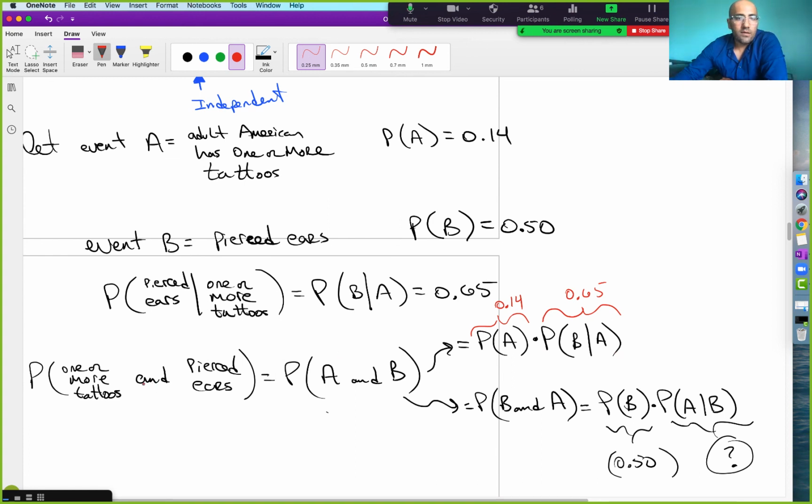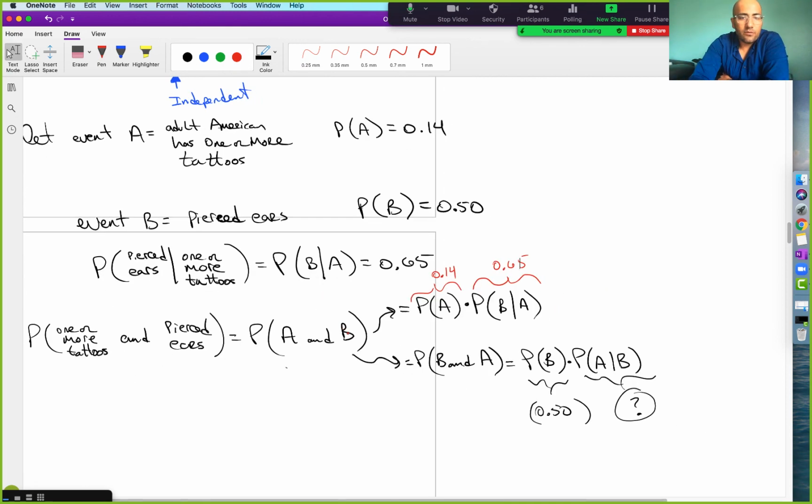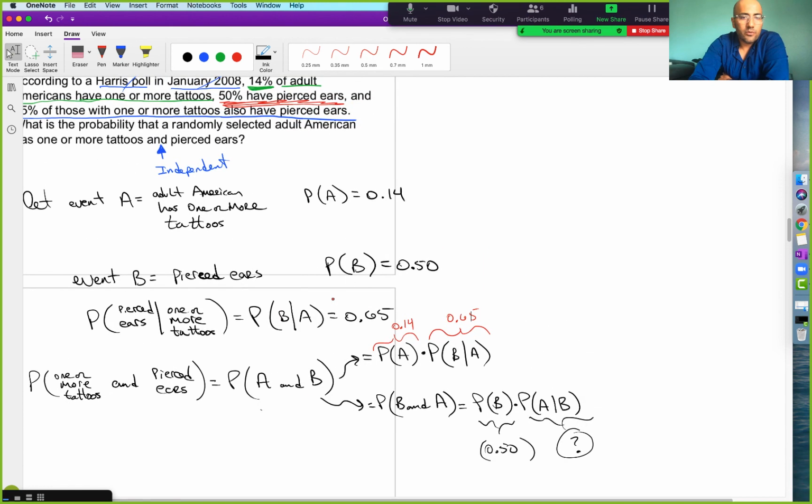So A was this one. It's the probability of having one or more tattoos times the probability of having pierced ears given that we have a person that has one or more tattoos. Good. So let me organize that a little bit more. Let's put it over here.